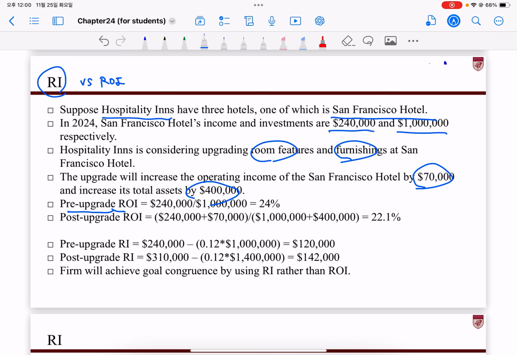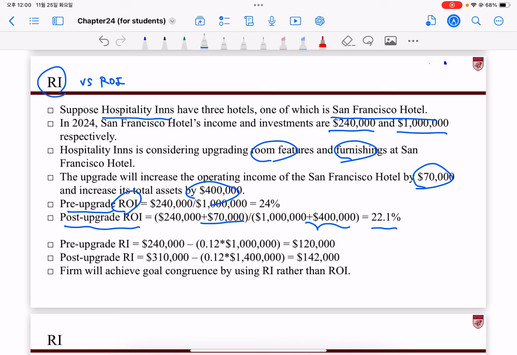So before the upgrade, let's say the pre-upgrade ROI is $240K over $1 million, so 24%, right? But post-upgrade, now on the numerator side, we have to add the incremental income of 70K. And on the denominator, we need to add the incremental asset of 400K.